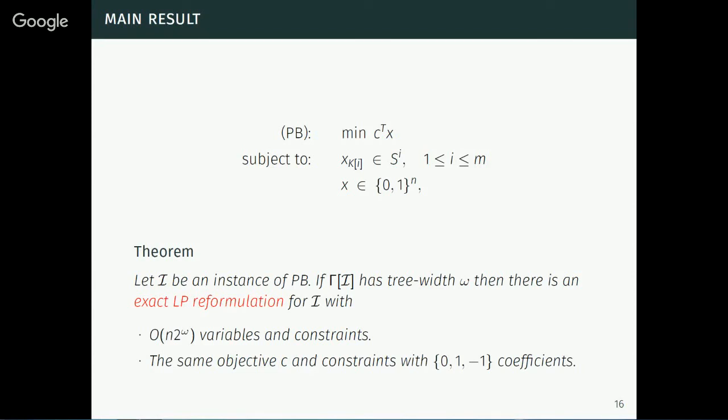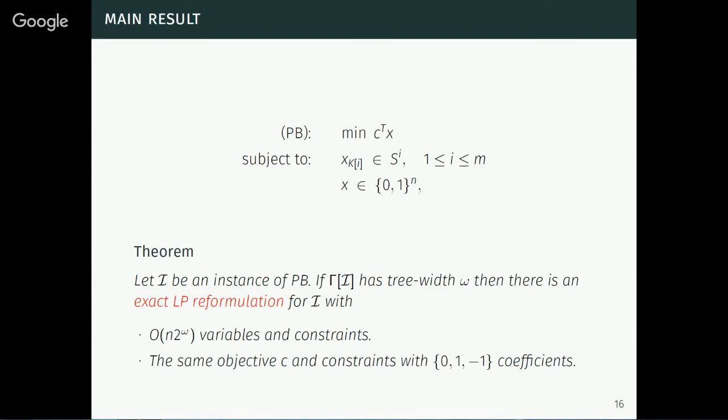And at the same time you can have one constraint that involves all variables, and that will have large tree width. So there's no direct relation between M and the tree width.